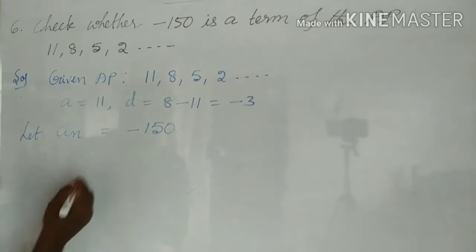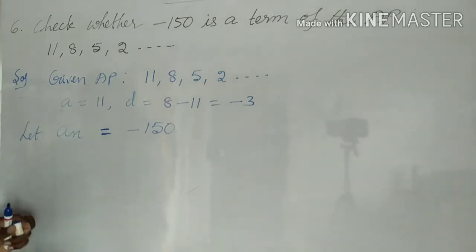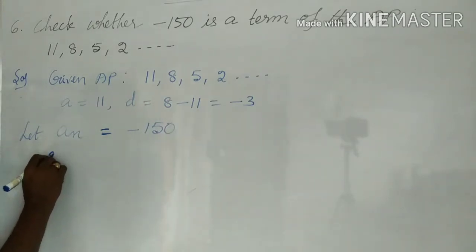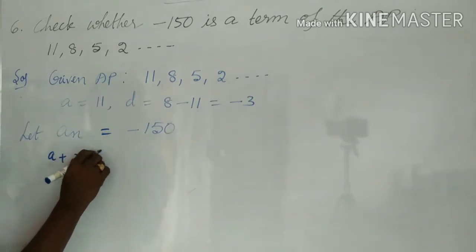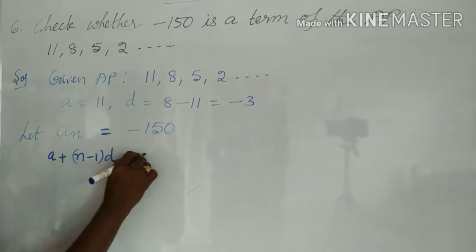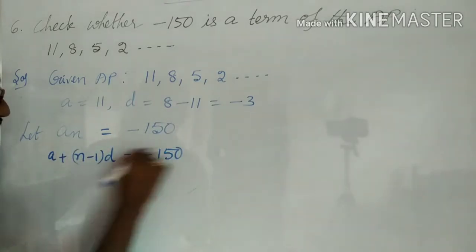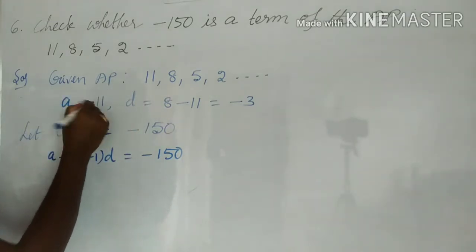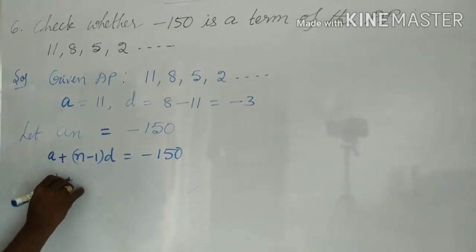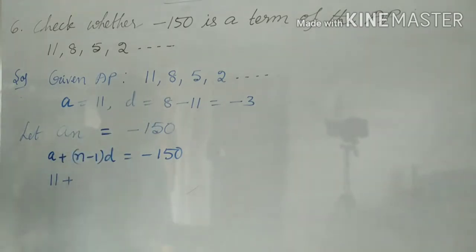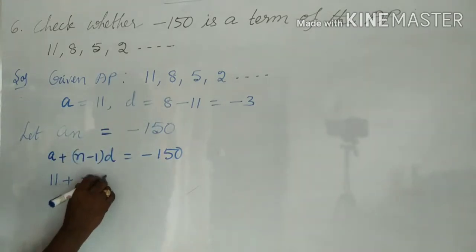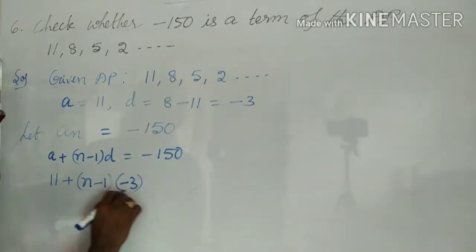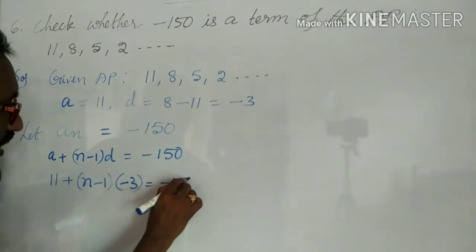Now an is equal to minus 150. What is the formula? A plus n minus 1 into d is equal to minus 150. A is 11, plus n, which we don't know, minus 1 into d, which is minus 3, is equal to minus 150.